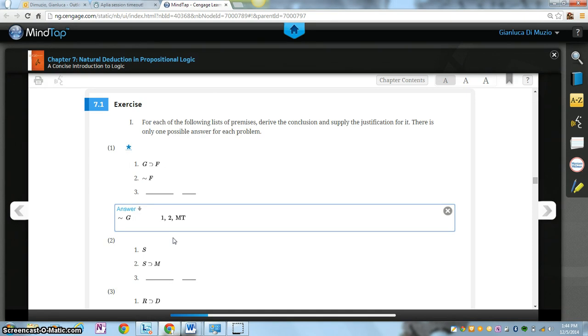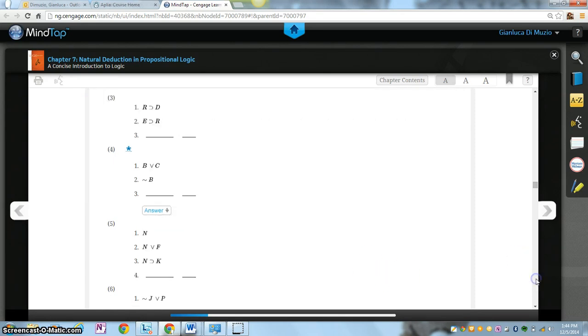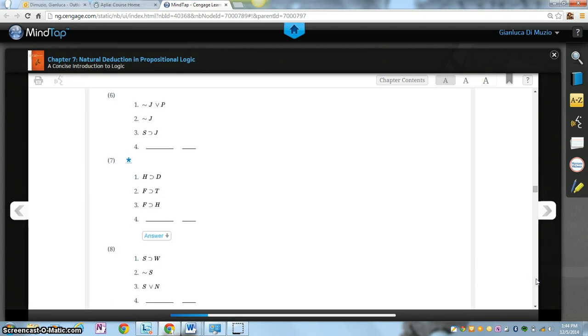So in these exercises, you're given some lines, and the question is, what follows from those lines? Is it possible to derive something from those lines by one of the rules? Sometimes you're given more than two lines. Consider number 7 here. You're given 3 lines that are all conditionals.